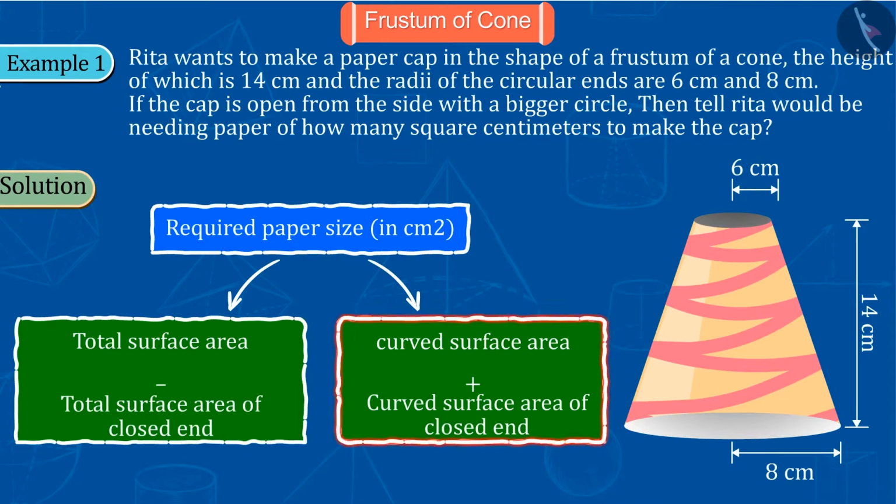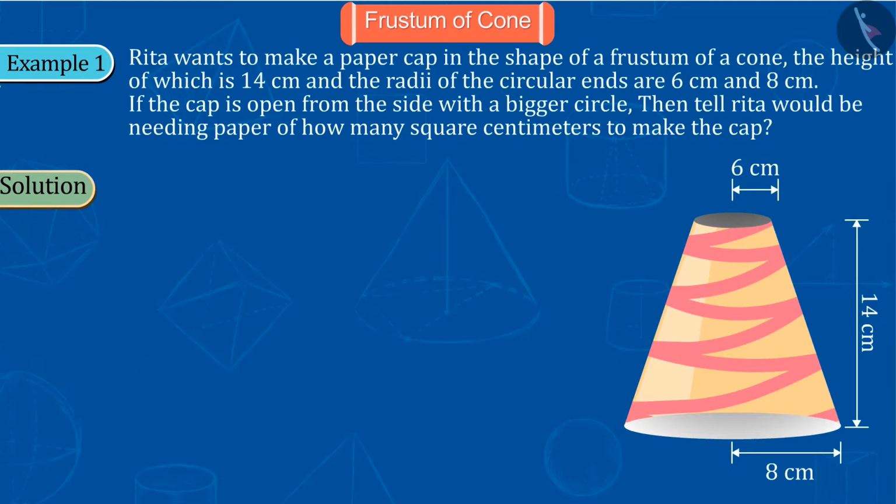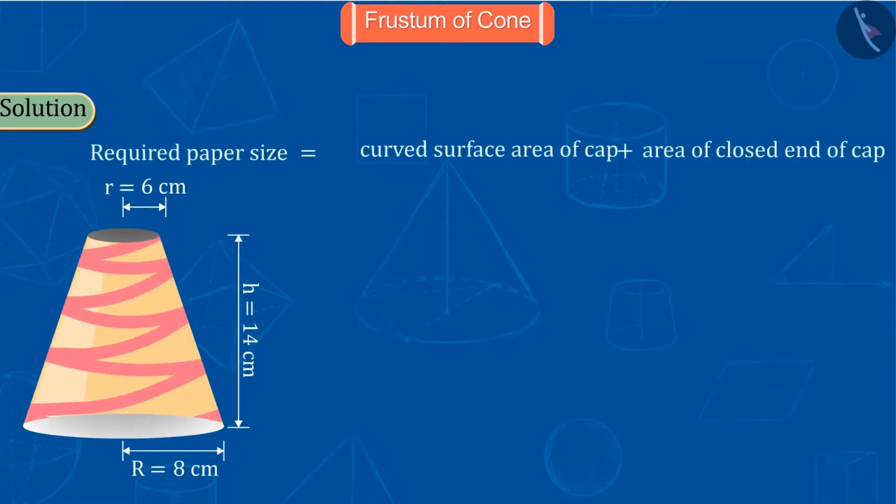We will solve this question in the first way, and the second way will be left for you to try. Now we mark the given measurements as follows. In the previous video, we learned that the curved surface area of the frustum of the cone can be derived from this formula.